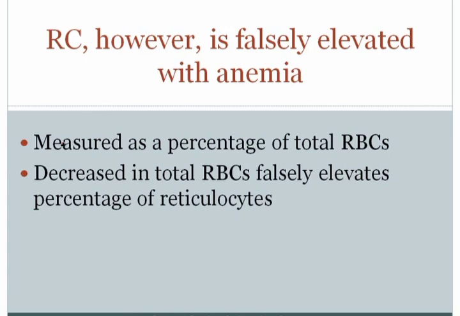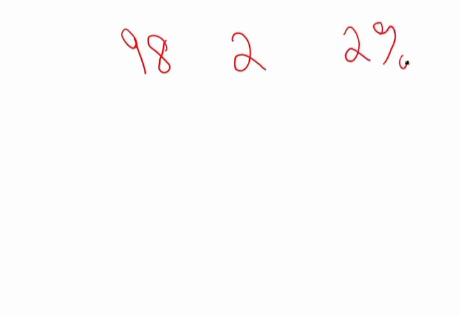And that's because the reticulocytes are measured as a percentage of the total red blood cells. Let's assume that a patient has 98 red blood cells, and 2 of those red blood cells are reticulocytes. So then this would mean that the reticulocyte count in a normal patient is 2 out of 100. 98 plus 2 is 100, so 2 out of 100, and therefore the reticulocyte count is 2%.